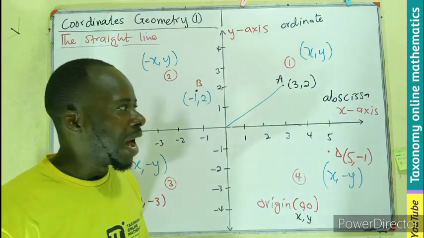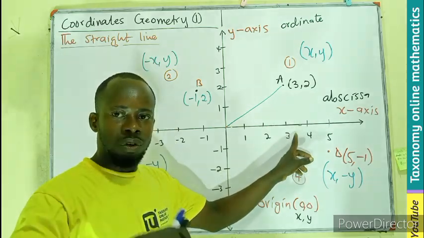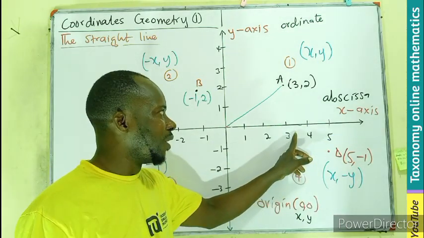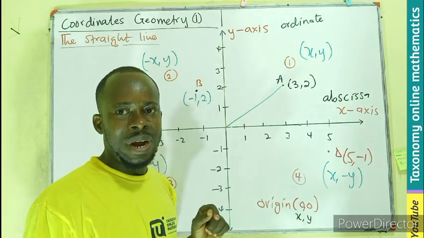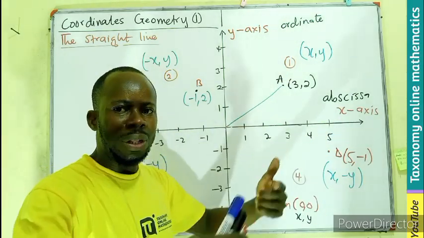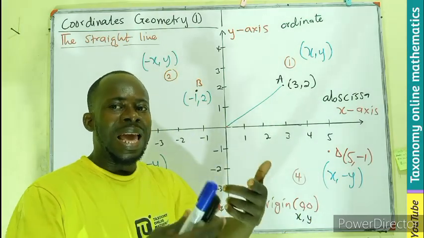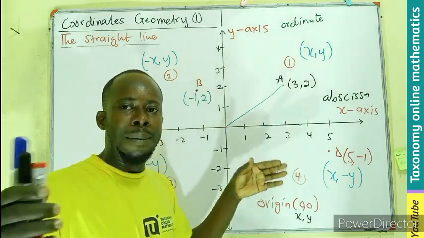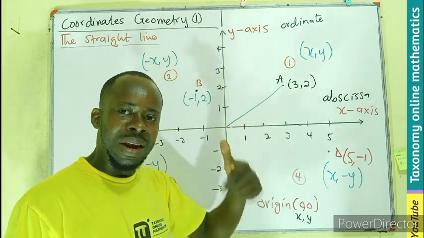If I don't want to move 3 units to the right before moving 2 units to the north, and I just want to move straight to A, what will be the distance? What unit will I move? That will be the next episode: finding the length, or the distance, or the magnitude of this straight line.